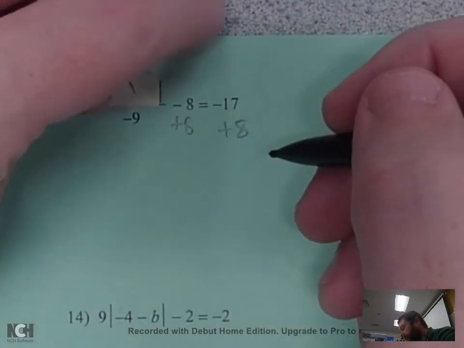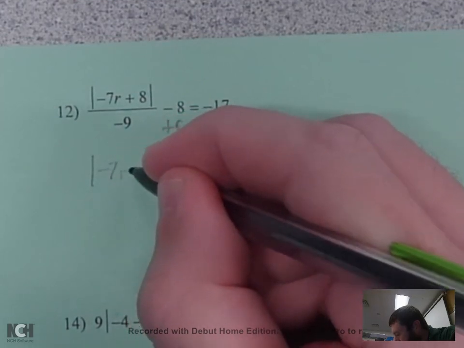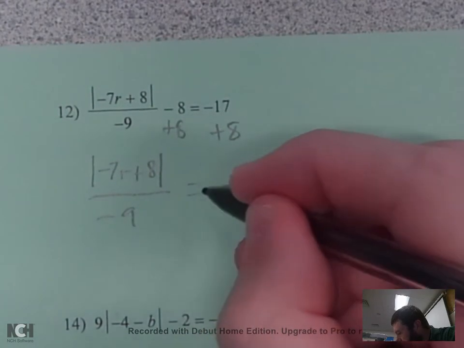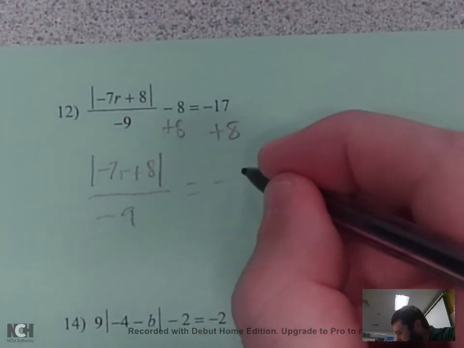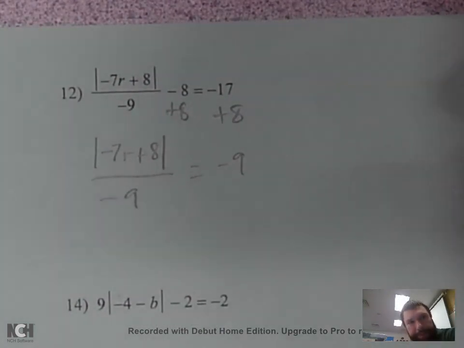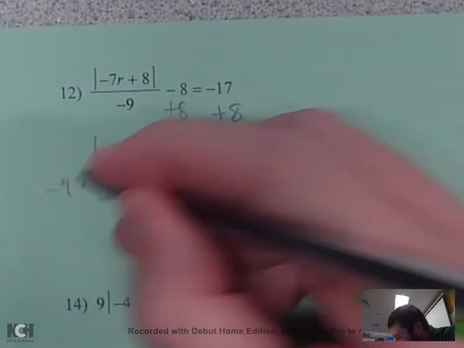Add 8, and that's going to give me the absolute value of negative 7r plus 8 over negative 9 equals negative 9. Okay? Then I would multiply to get rid of this negative 9.